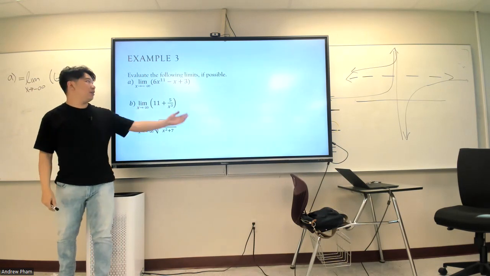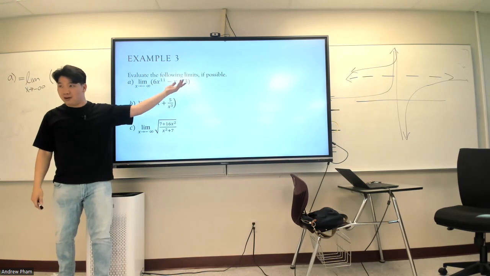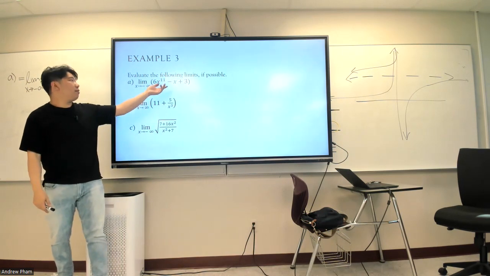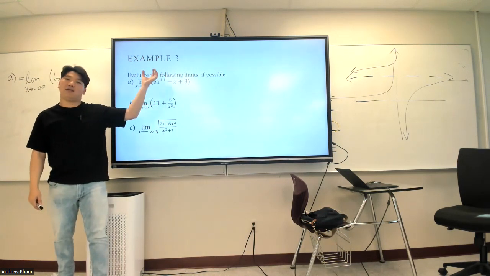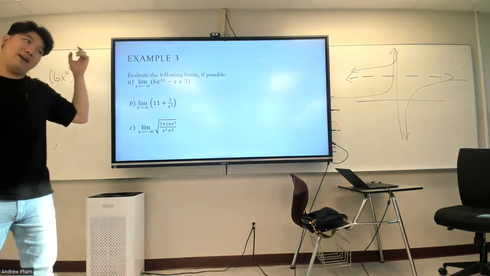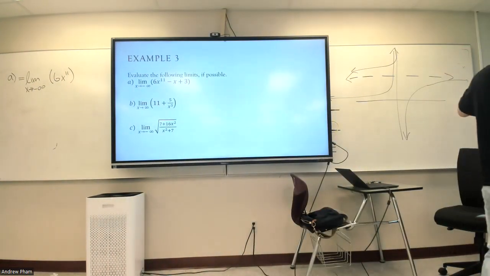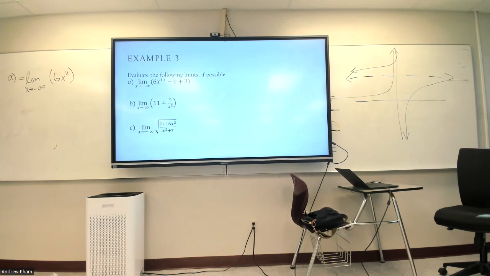If I have a huge number, plus 3, that's not really going to change much. That's just a small, tiny bit. Same thing for this. Even though it does go off to infinity, it's a much smaller infinity. In other words, the way I'll word it is that the 6x to the 11th power sort of dominates the entire behavior of this graph.